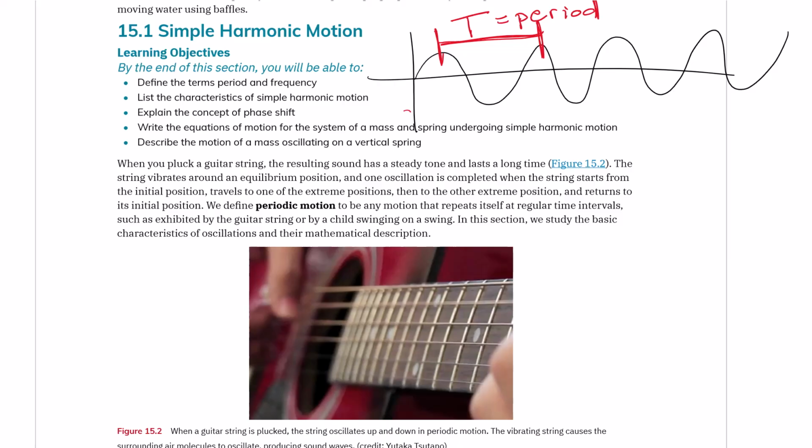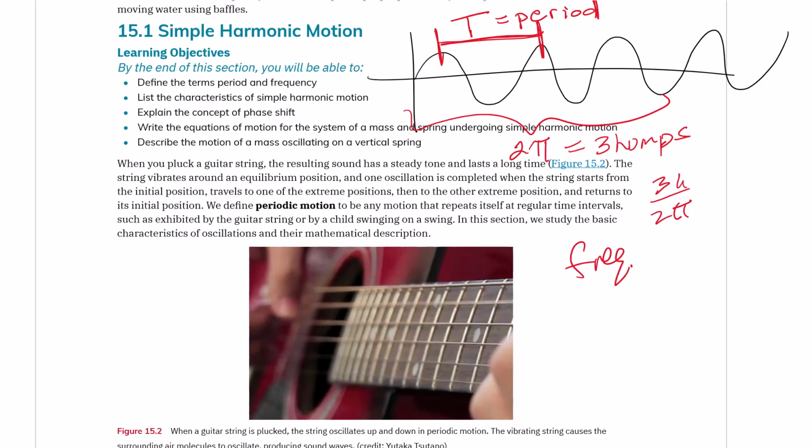So if in 2 pi there are 3 humps, that means the frequency is 3 humps over 2 pi. The frequency is how often it happens. The period is how long it is between things. These are directly related. Frequency and period are basically the upside down versions of each other.